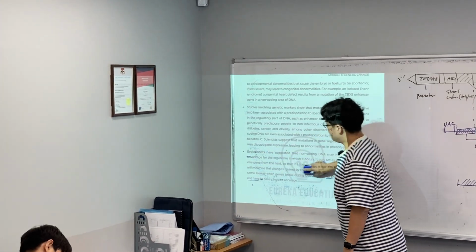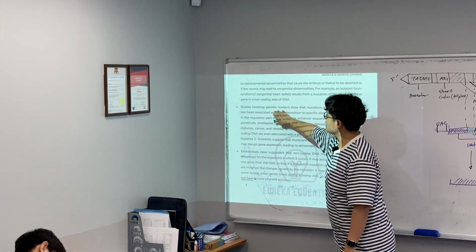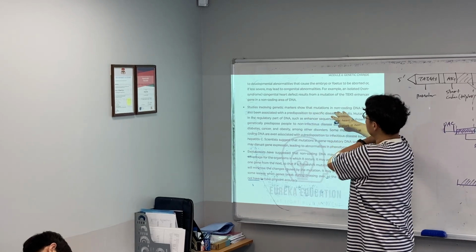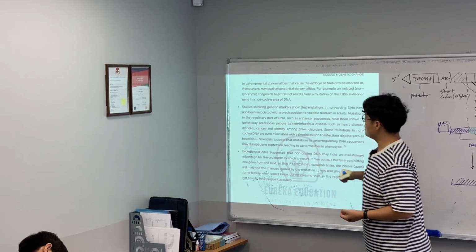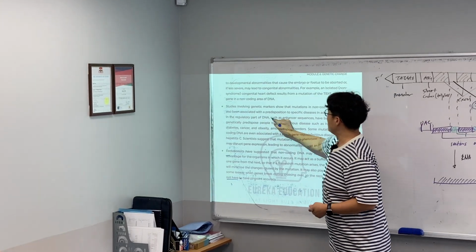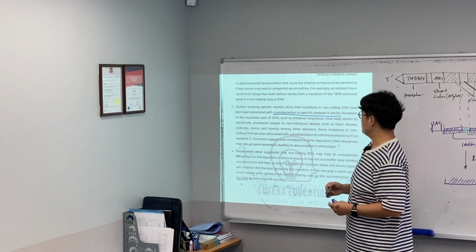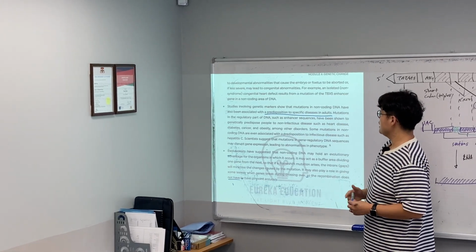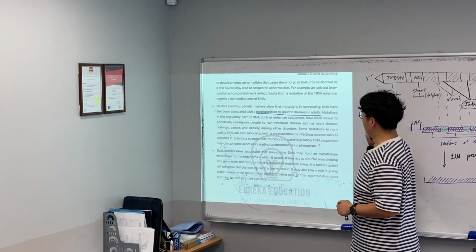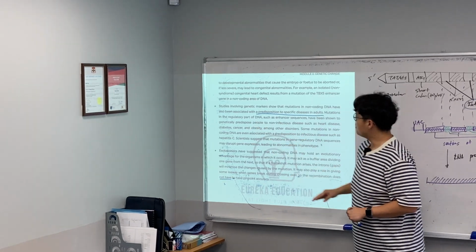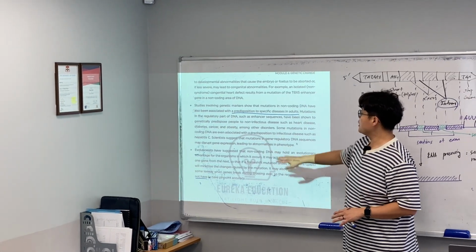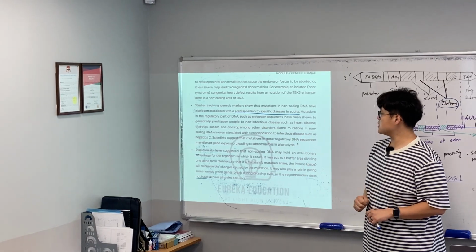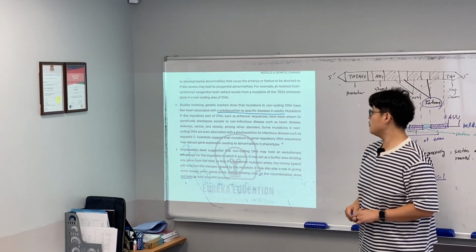Okay, next up, point 2. Studies involving genetic markers show that mutations in non-coding DNA have also been associated with predisposition to specific diseases in adults. This could be, for example, an enhancer sequence, and it has been shown to predispose people to non-infectious diseases such as heart disease, diabetes, cancer and obesity, among other disorders.